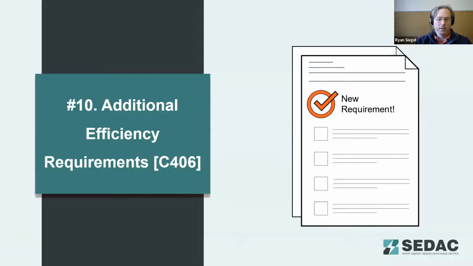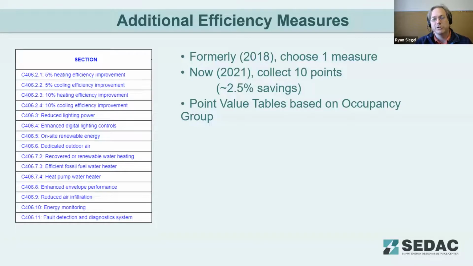As far as additional efficiency measures, previously in commercial buildings, they were required to just choose one measure and implement that. Most frequently, we saw that being the lower lighting power density that was selected for that measure.